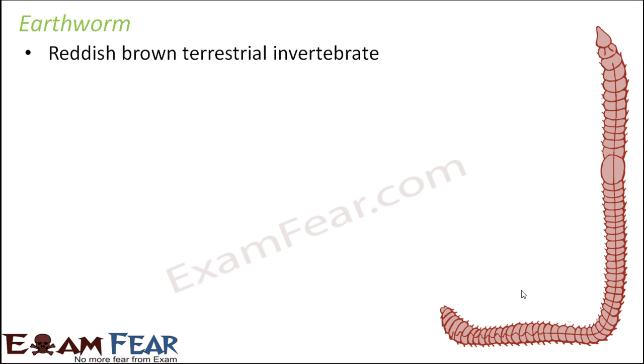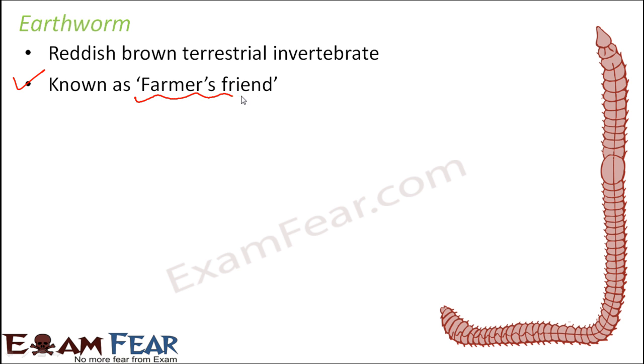Mostly it is seen during rainy season, they are more visible, otherwise they live under the soil. They are often called farmer's friend because the presence of earthworm in the soil increases the fertility of the soil. The castings of earthworm improve the texture of the soil and the quantity of humus in the soil.